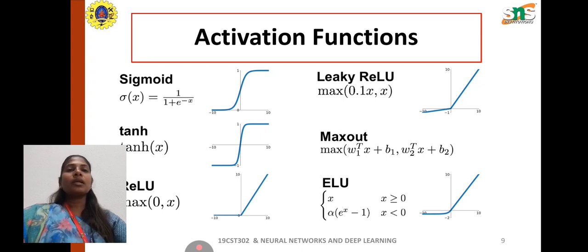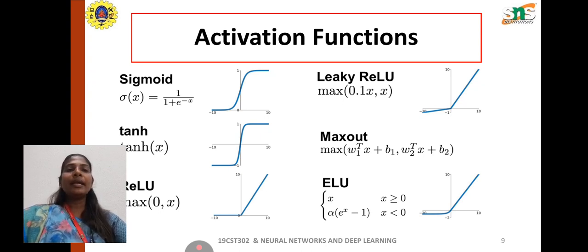The next one is leaky ReLU. Here we apply the maximum of 0.1x comma x. The graph is plotted on both the negative and positive values. Then next, tanh of x. Here the value is processed from negative to positive, and it crosses the 0 origin.